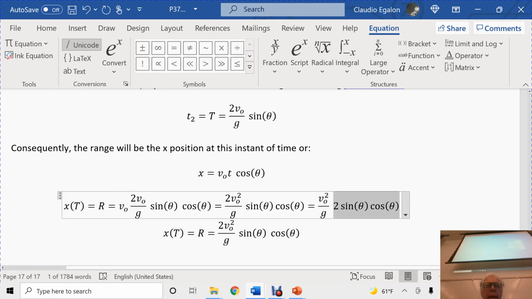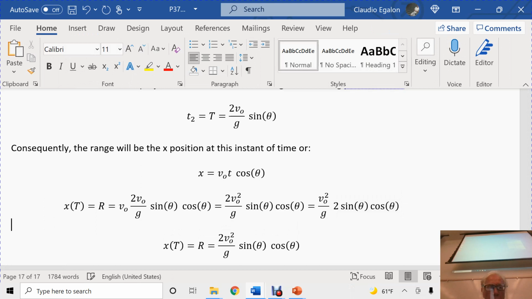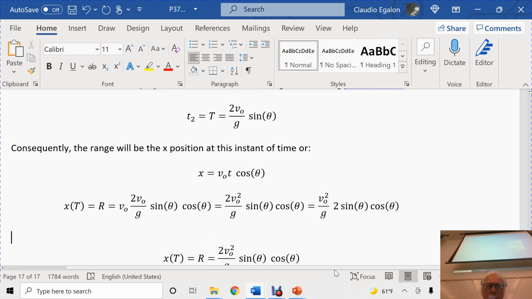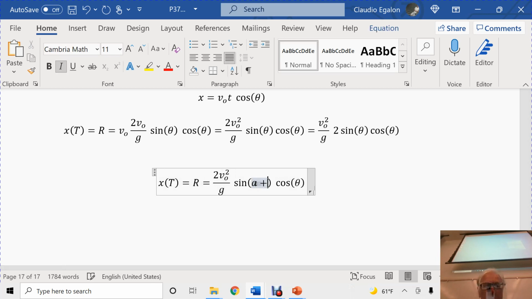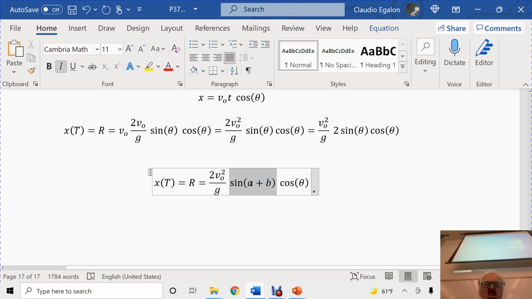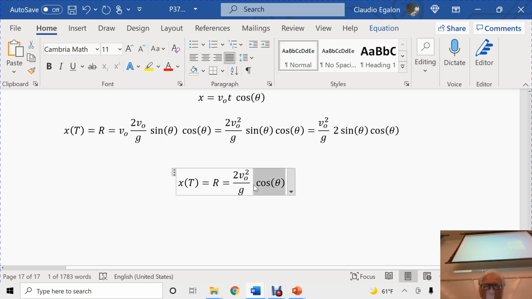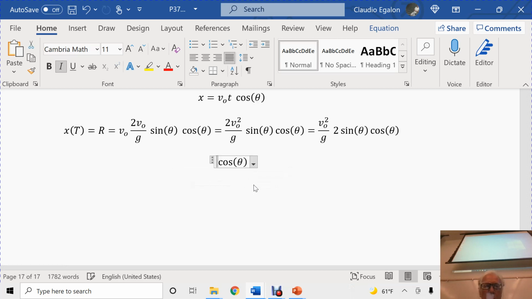The generic equation, just for you to remember. Sometimes it's difficult to memorize those things, but it's important. If you're going to do sine of A plus B, remember that? I have memorized those things.